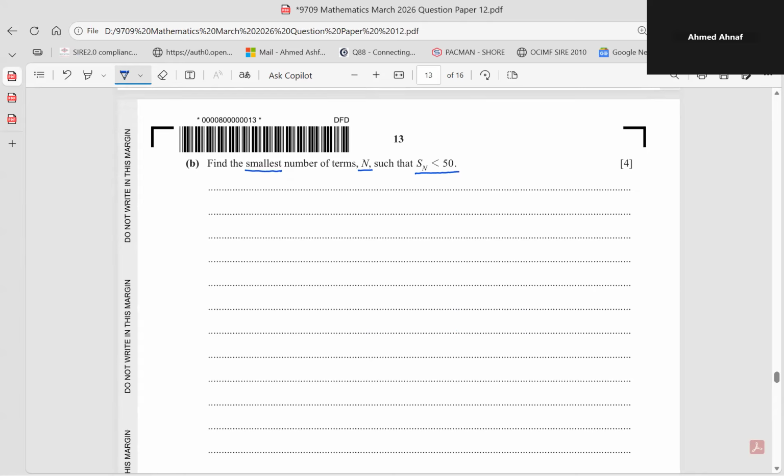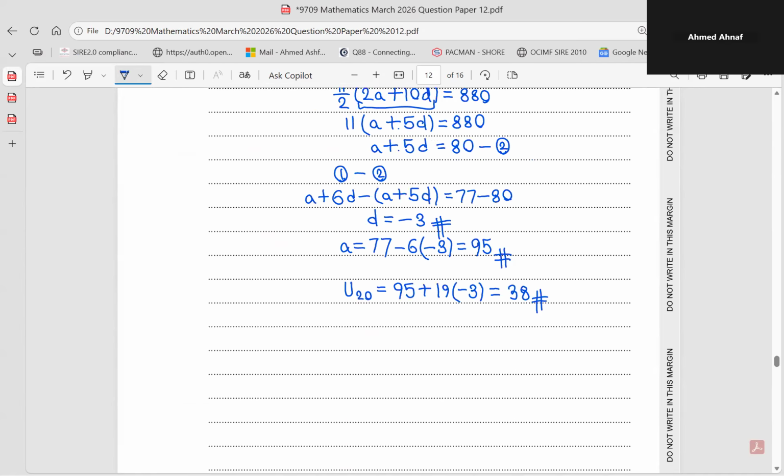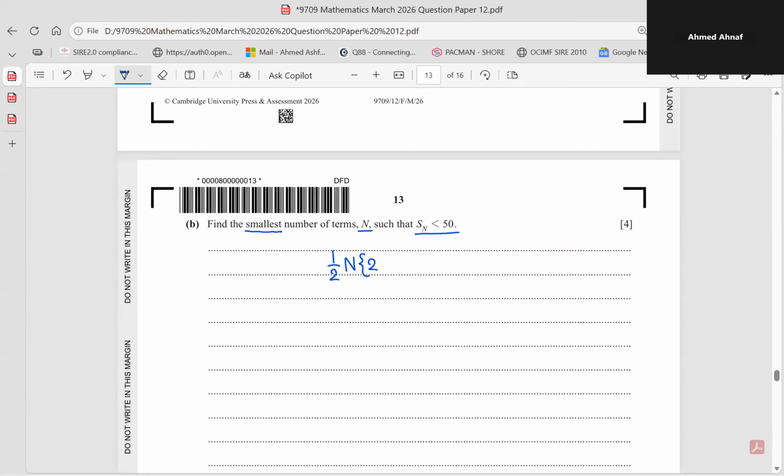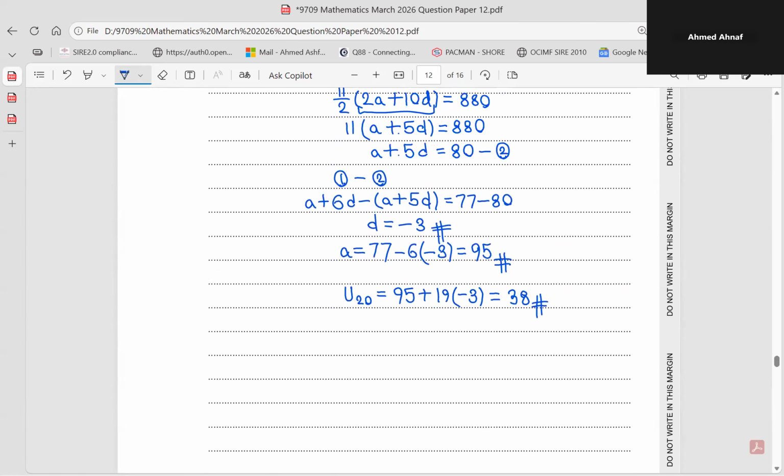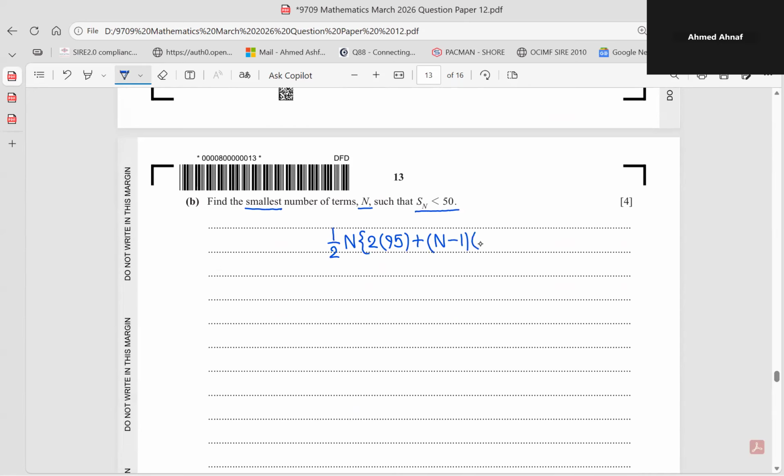All right, so half times big N {2a plus (N minus 1) times d}. We already found a in the previous part, which is 95, and d is negative 3. Less than 50.